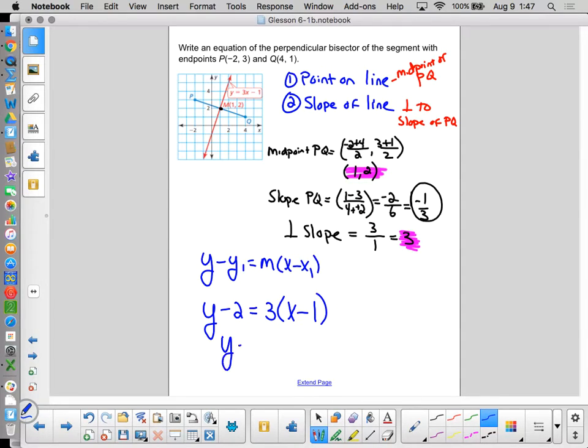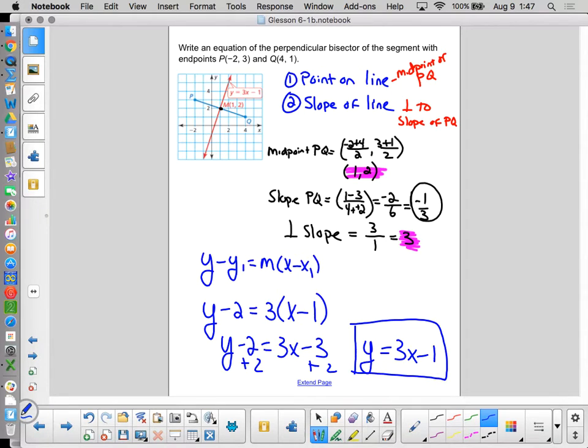I distribute. I combine terms. I get y equals 3x minus 1. And that is the equation of my perpendicular bisector. Sure enough, that's what's written on the screen as well when we started out.